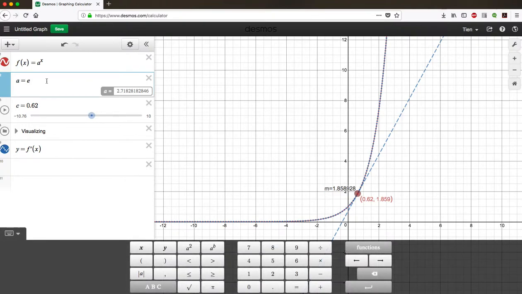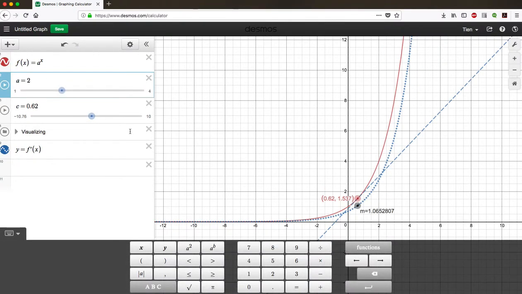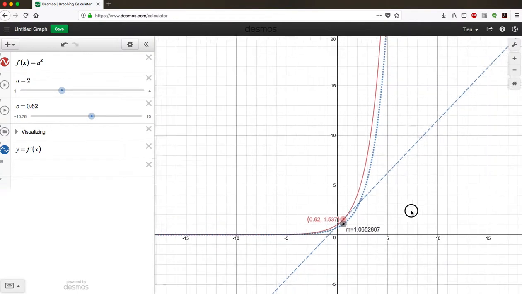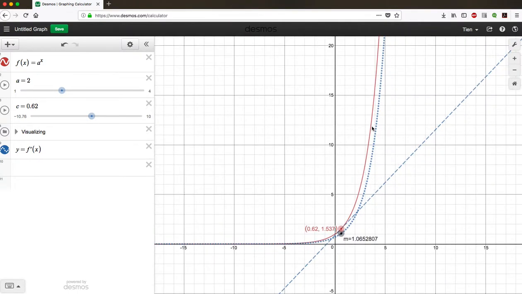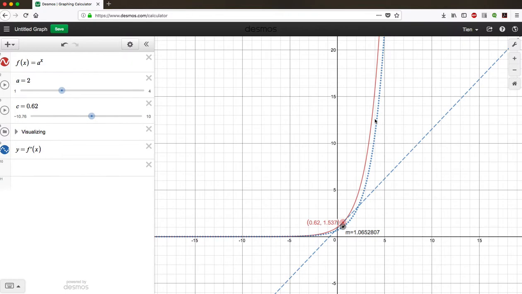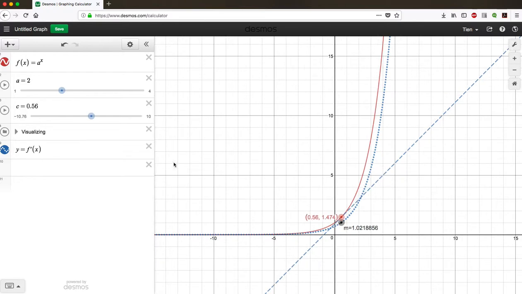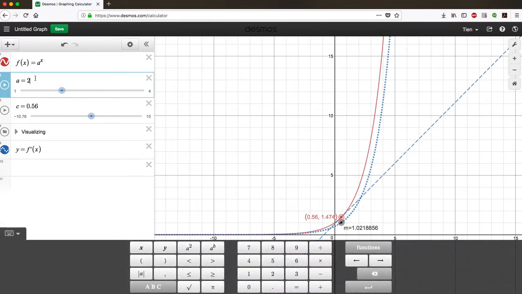Now, in general, if I let a be some other value, we do look at the blue dotted, not dashed line, as an exponential function, the derivative of an exponential function, another exponential function, but it's not necessarily the same one. See, this one here is a little bit below our 2, and that's because a is less than e.